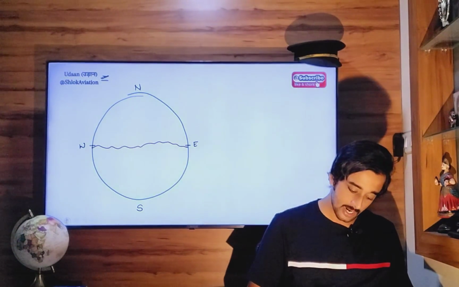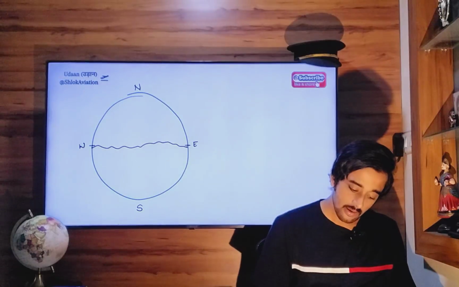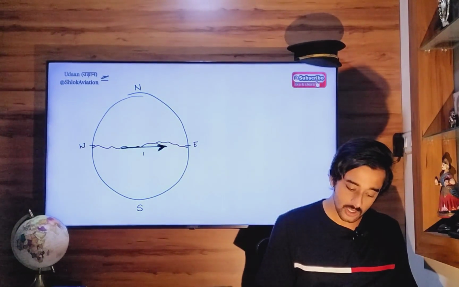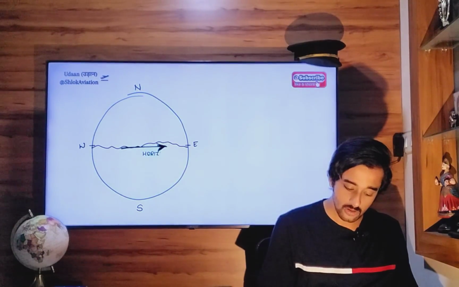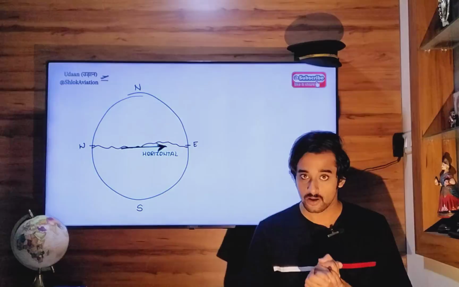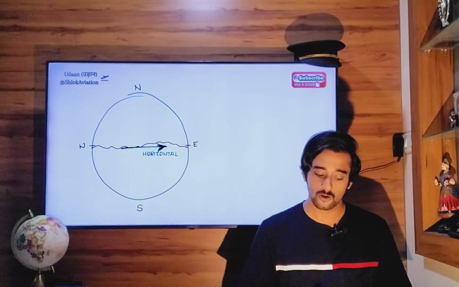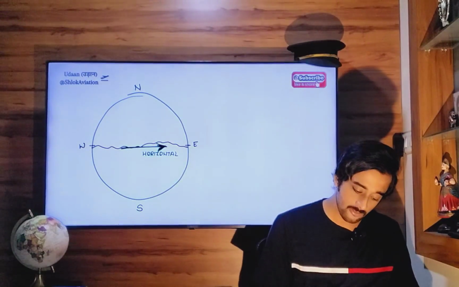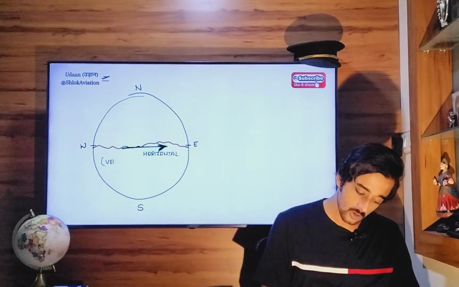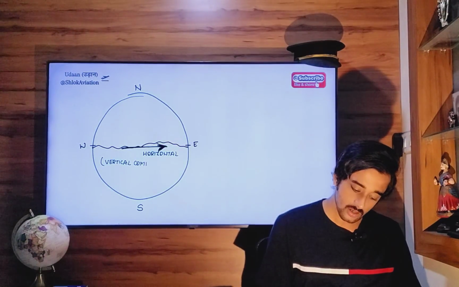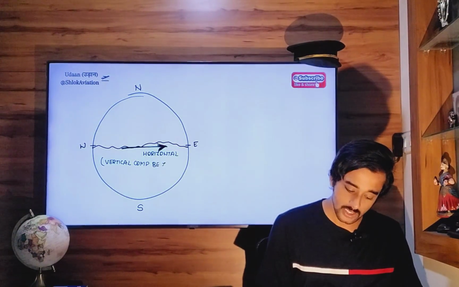So at magnetic equator, you will experience only and only the horizontal component of the earth magnetic field. The vertical component of the earth magnetic field will be 0.